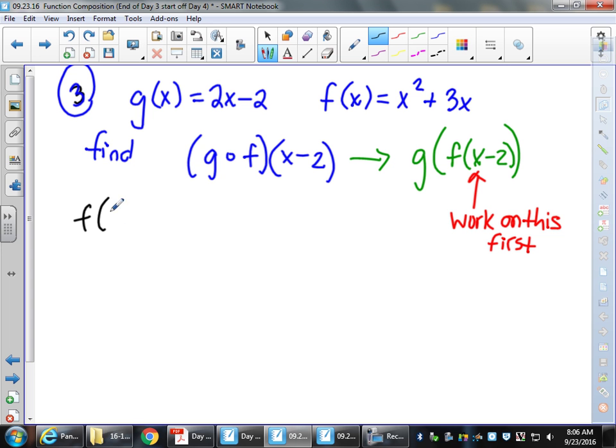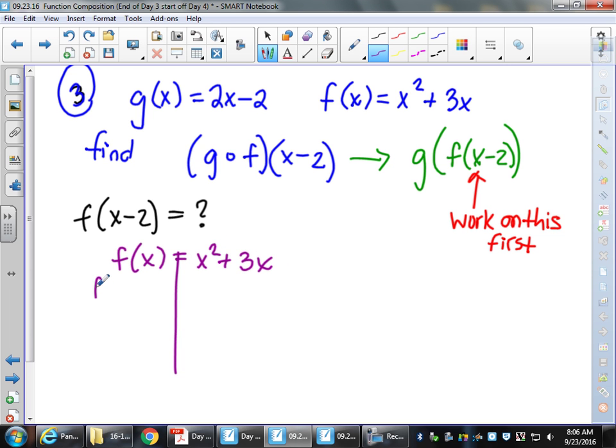So let's figure out f of x minus 2. If you're not sure how to start, always come full circle. What's the guide? The guide is f of x equals x squared plus 3x.